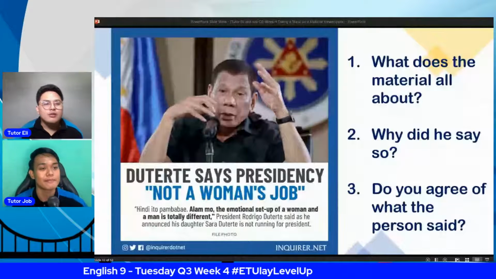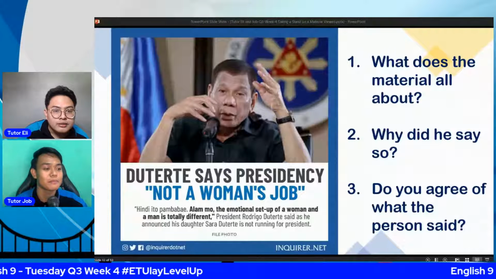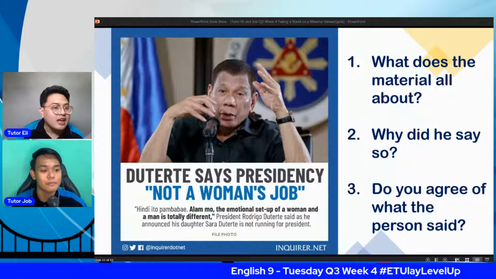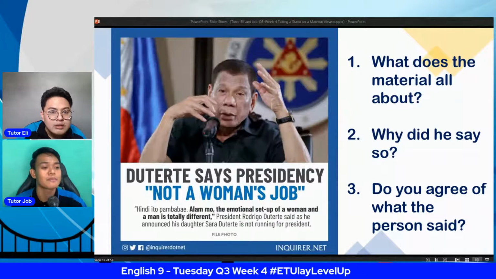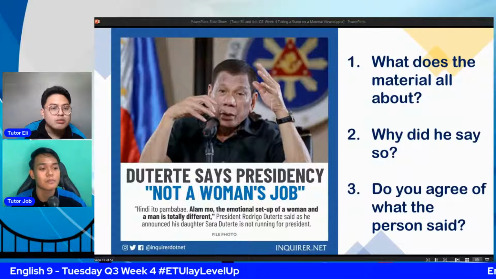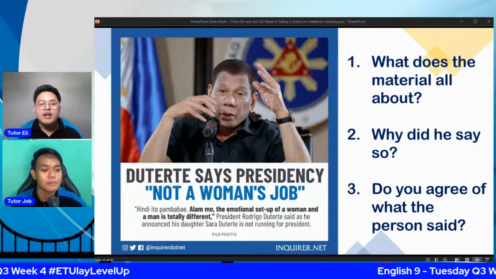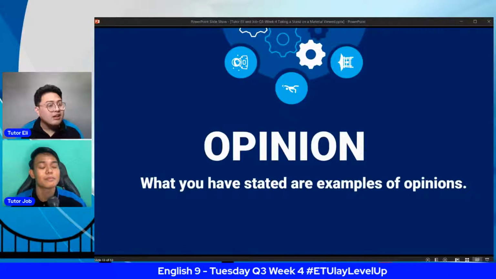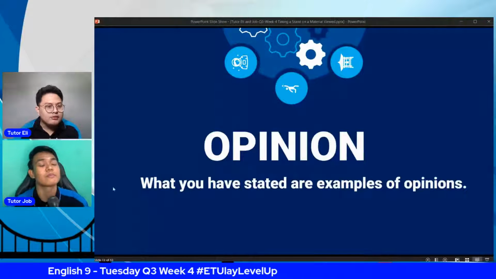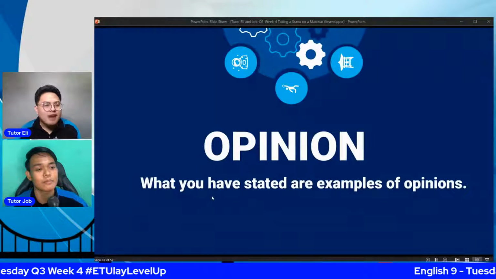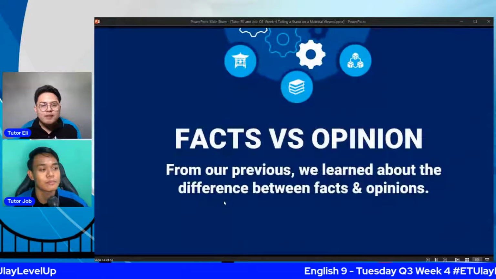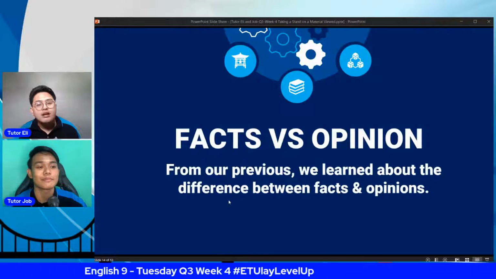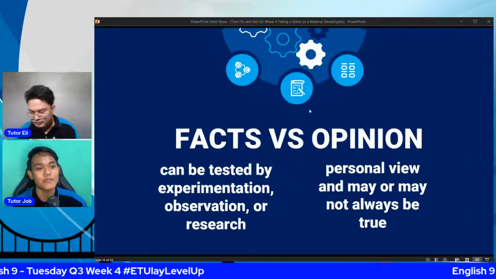Okay, let's see. Ayun, they use words such as he thinks, I think, maybe, and those things that they have stated are actual examples of opinion. So from our last session, we discussed facts and opinions. What is the main difference between these two, facts and opinion, Tutor Job?